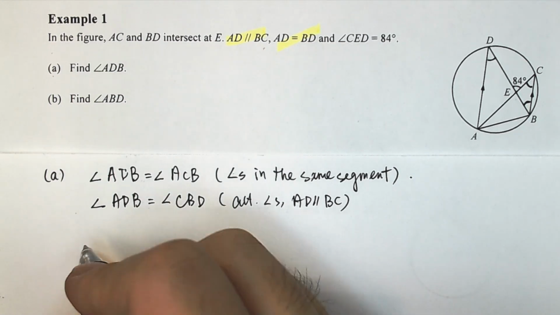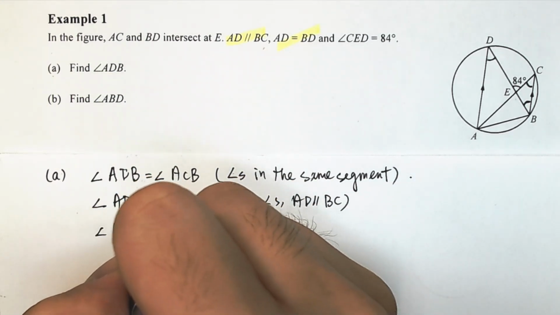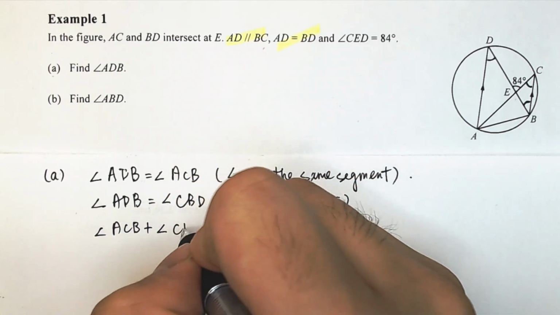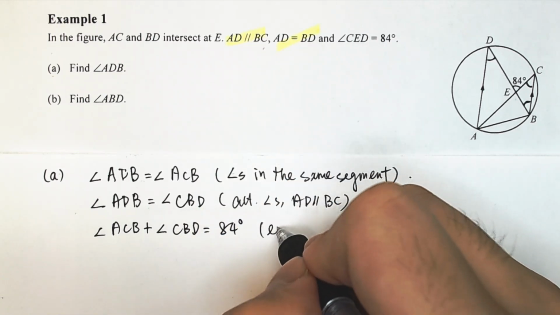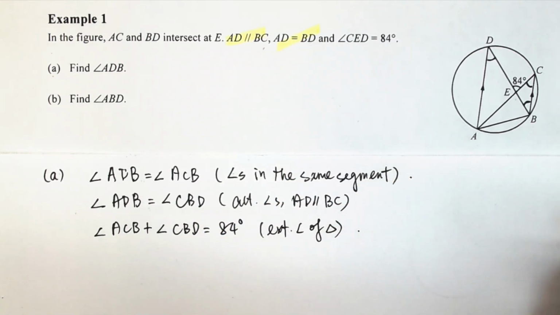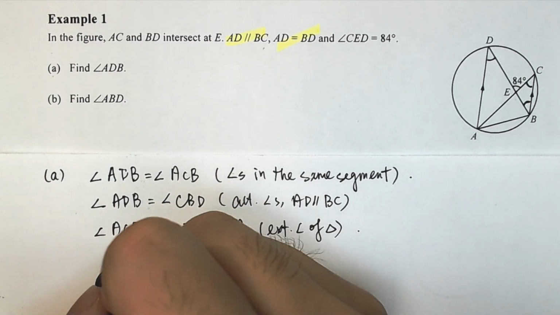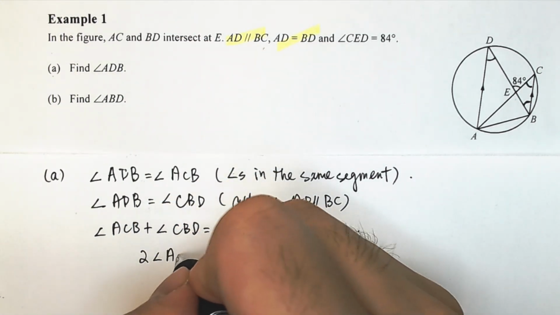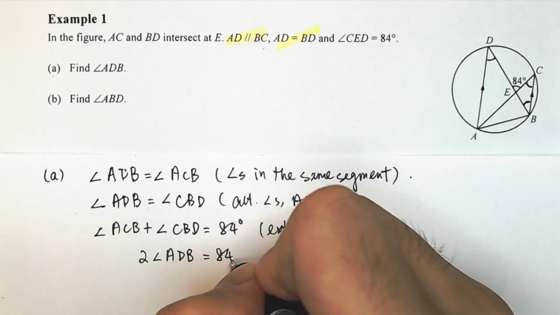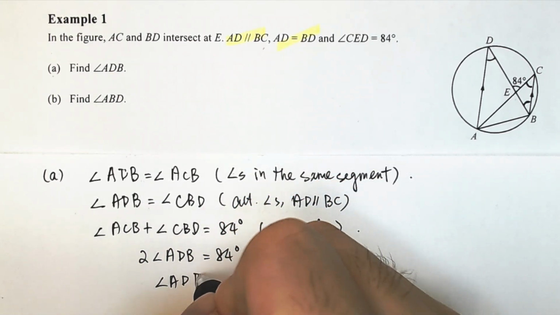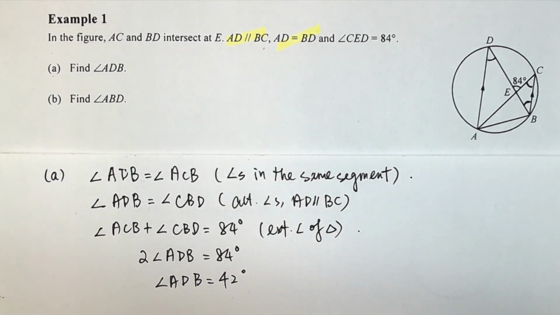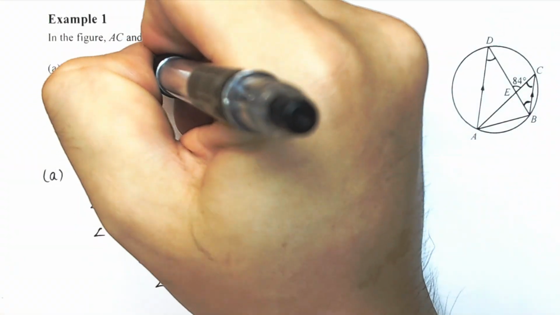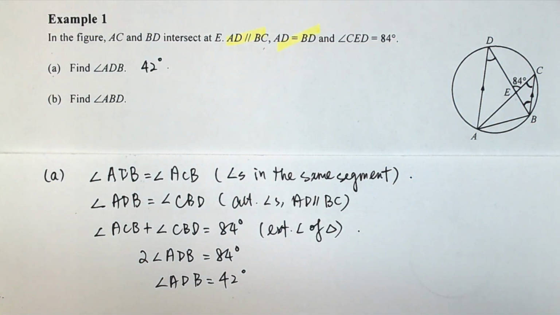And number 3, angle ACB plus angle CBD is equal to 84 degrees, exterior angle of triangle. Then you will have 2 of the angle ADB equals 84 degrees. So that angle ADB is 42 degrees. Okay? So 42 degrees.